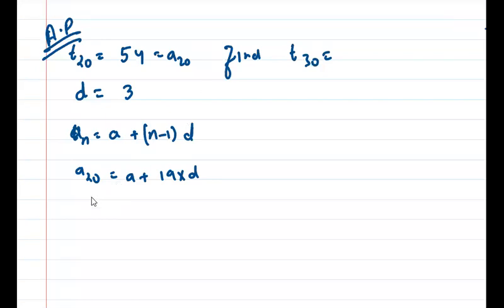Now think about it. What is A20? It is given 54 is equal to a plus 19 into d, where d is 3. Now can you find the value of a? A is equal to 54 minus 57.